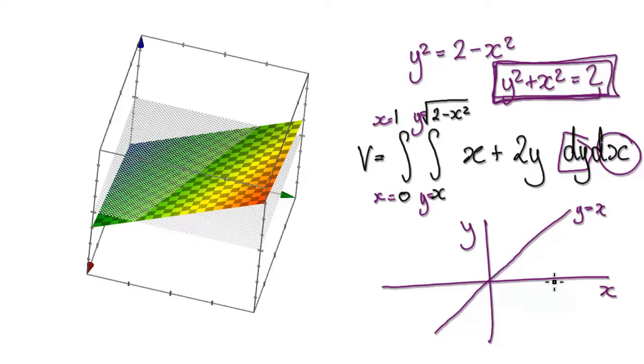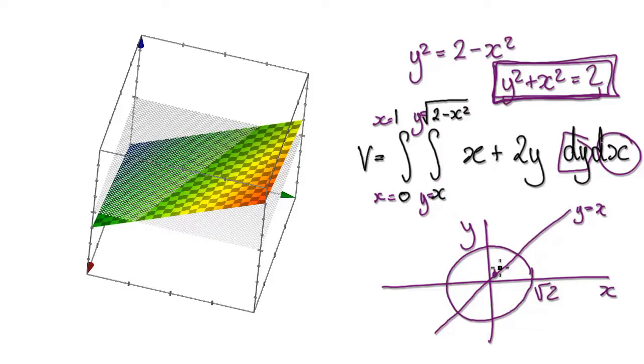So you've got a circle of radius root 2, and then looking at the dy, you're moving parallel to the y-axis from the diagonal line to the circle.